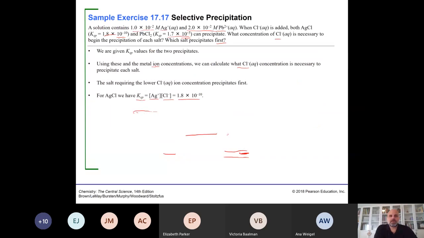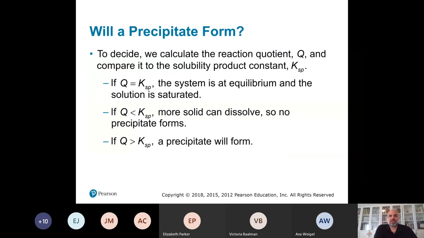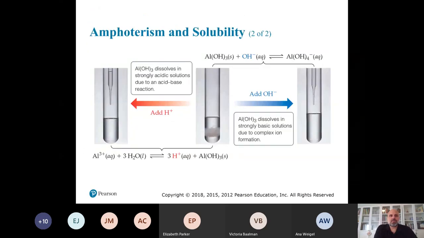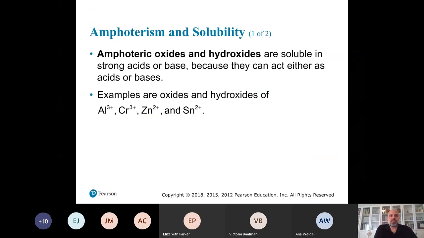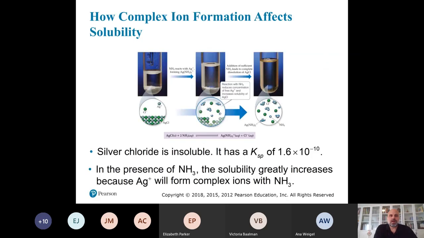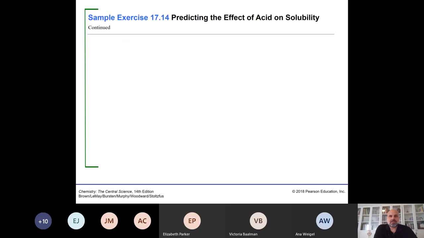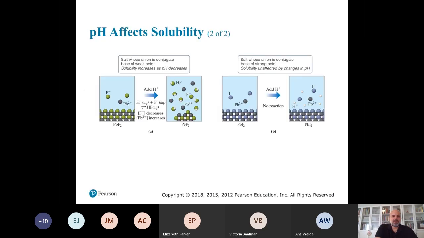I am not going to ask you about selective precipitation. I'm not going to ask you whether or not a precipitate will form. I won't ask you about amphoterism and solubility. Complex ion formation, I'm not going to ask you about. I do want you to know about how pH affects solubility.